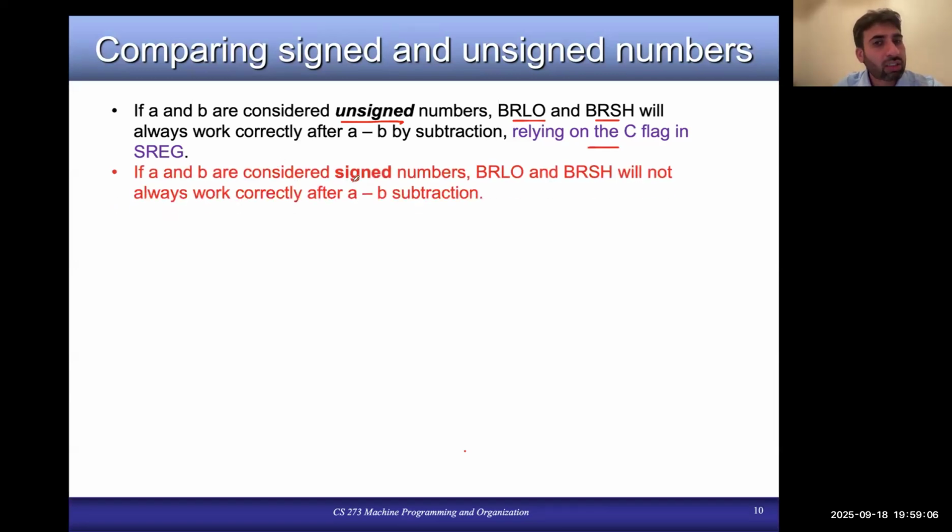However, if A and B are considered signed numbers, which means when you look at the bit pattern, you consider the most significant bit to have a negative weight, then you cannot use branch low and branch same or higher, because now the carry flag will not give you the correct information. For the correct information, you need to look at the sign flag.